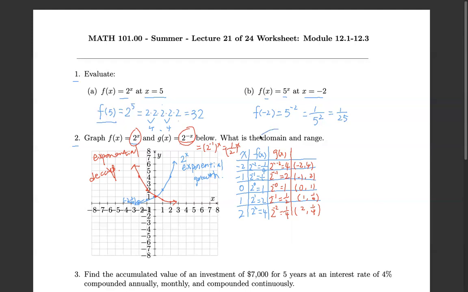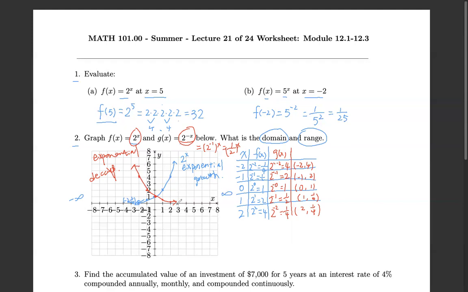Okay, lastly, what are the domain and the range of those two functions? We say domain means x values. X goes to the left-hand side toward negative infinity, right? Because this is going to keep going, keep going, keep going. And on the right-hand side, this keeps going, and we'll take all the positive x values.